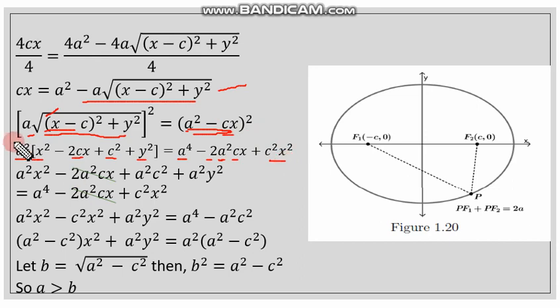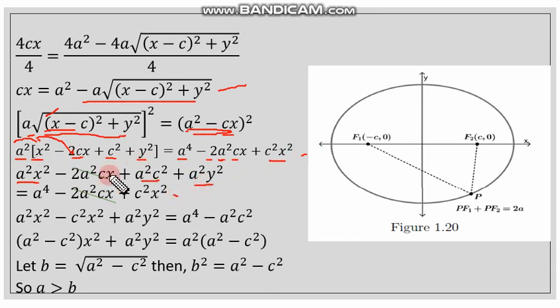And then, let's distribute this a squared to all terms. a squared times x squared is a squared x squared. a squared times negative 2cx is negative 2a squared cx. a squared times c squared is a squared c squared, and a squared times y squared is a squared y squared. So copy the right side.